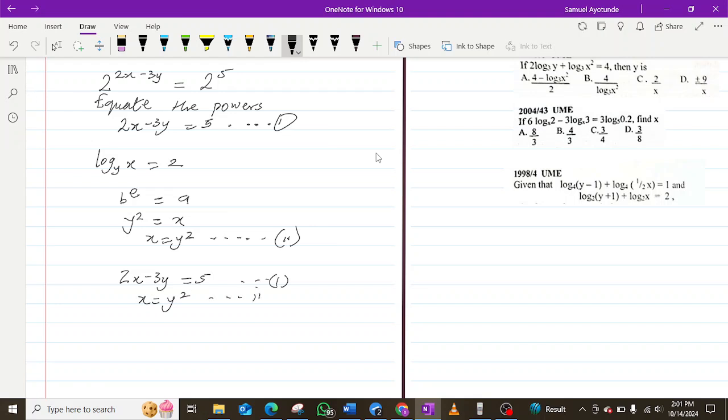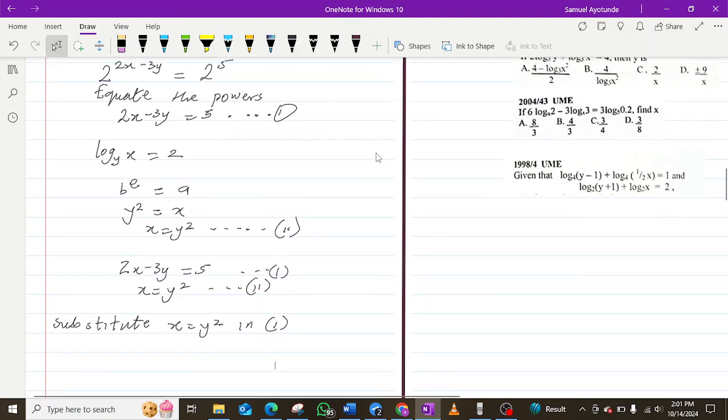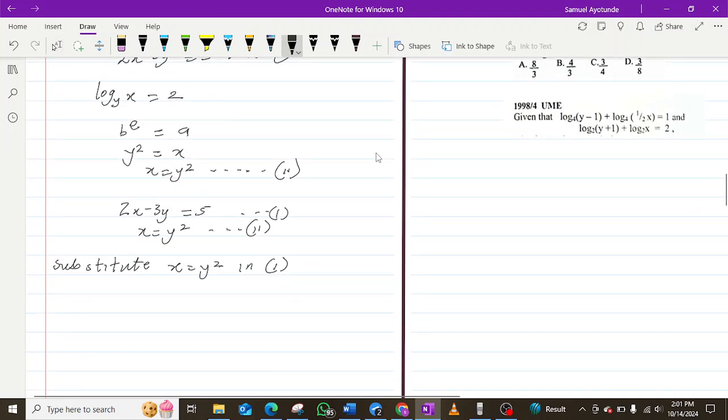So we substitute x is equal to y squared in equation 1. I'm replacing all the x in equation 1 with this value. Therefore, we have 2y squared minus 3y is equal to 5. This is a quadratic equation, so I arrange appropriately. I have 2y squared minus 3y minus 5 equals 0.